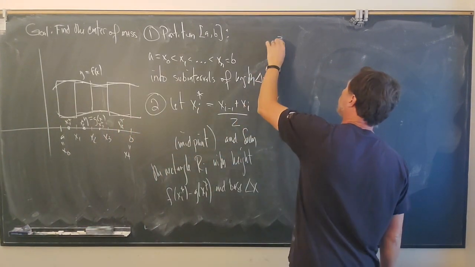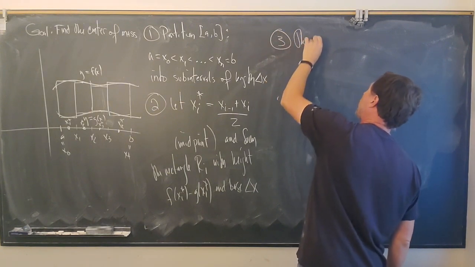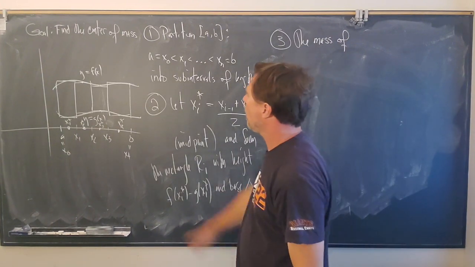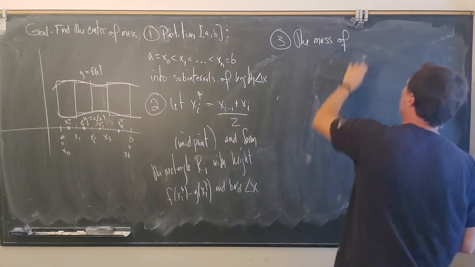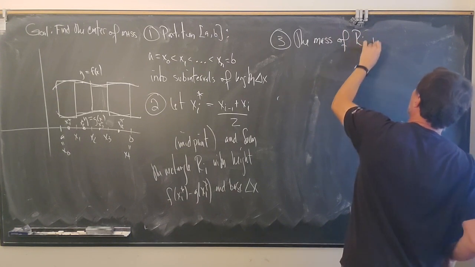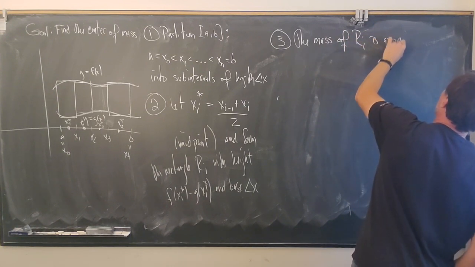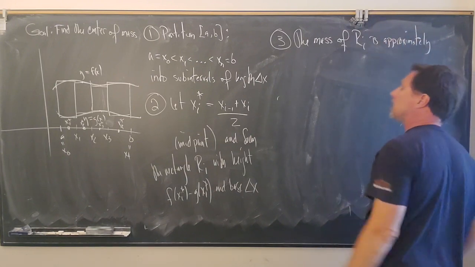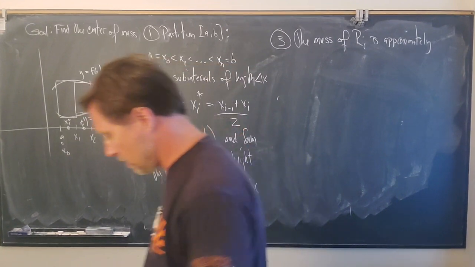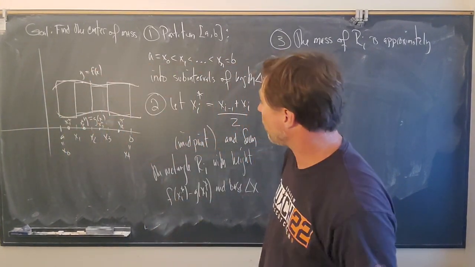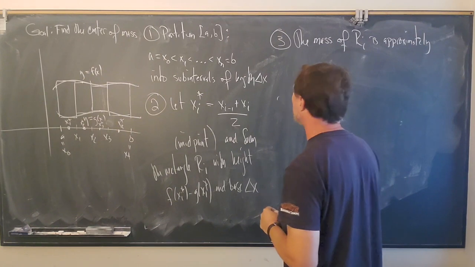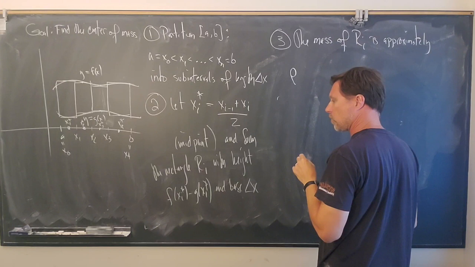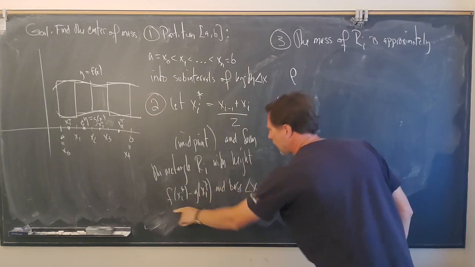Okay, so now the mass of each of these rectangles, so the mass of Ri is approximately, well, let's see, how do you compute mass? It's going to be the density times the area. And so the mass is approximately rho times the area, which is height here.